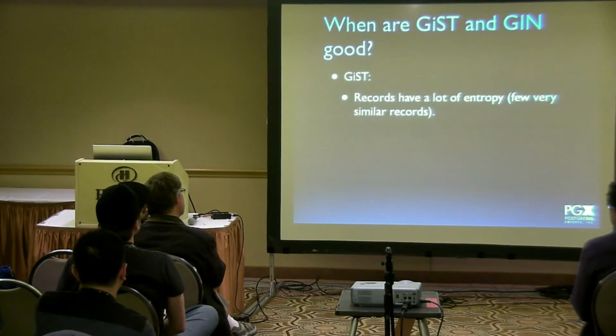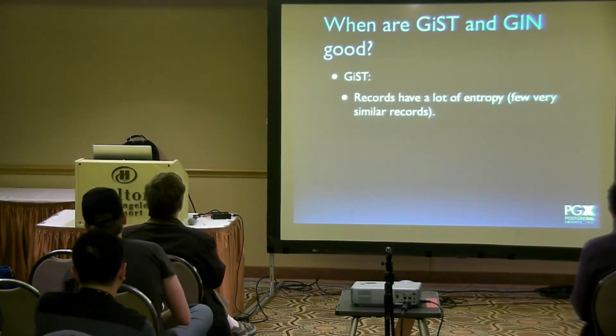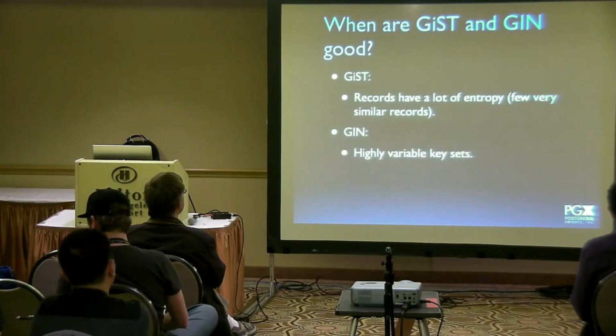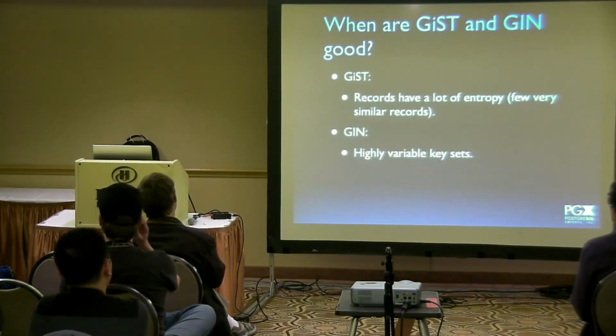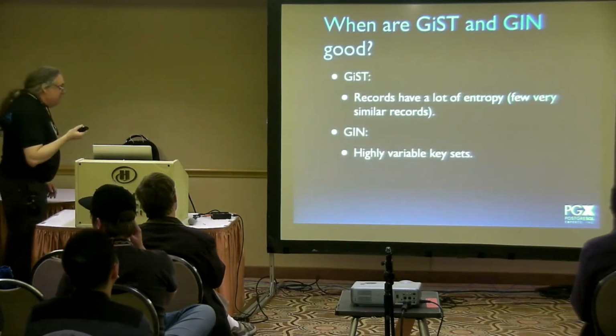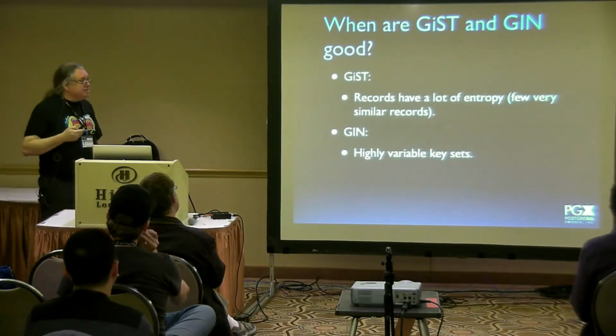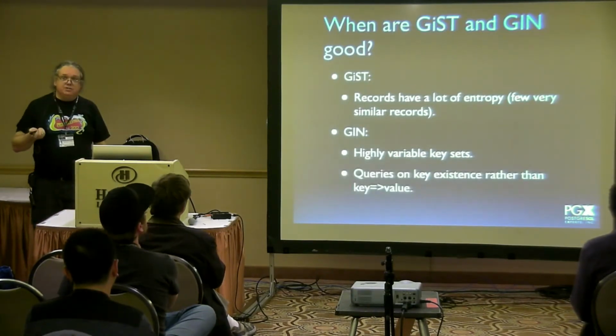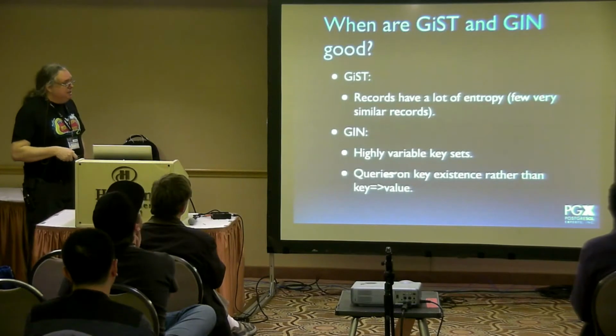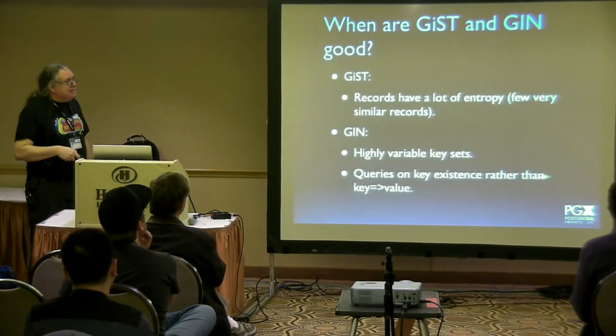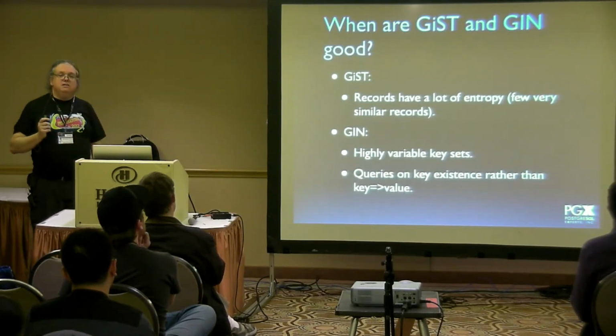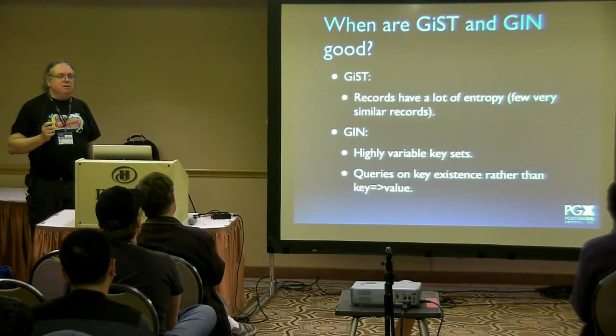So again, Gist is good when the records have a lot of entropy because there are fewer hash collisions. Things generally run better. Gin is better for highly variable key sets. So record to record, the keys are not that similar, like they are in full text search. Full text search meets this, and you generally query on key existence rather than is this key, get me PK85.